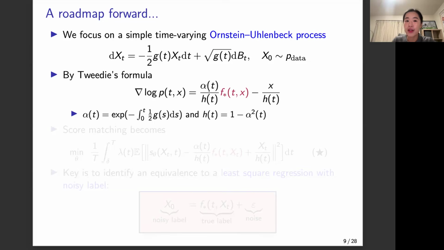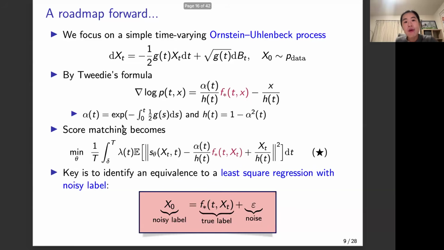So what happens with more general SDEs, I think, is still an open problem, because many developments in the literature heavily rely on this simple format of the OU process, which works well in practice. I just want to make this comment.